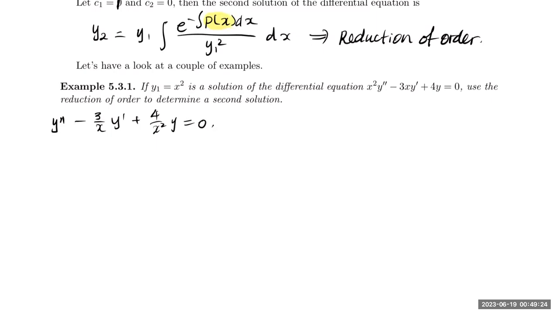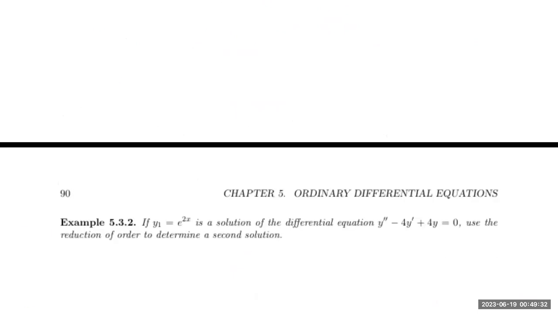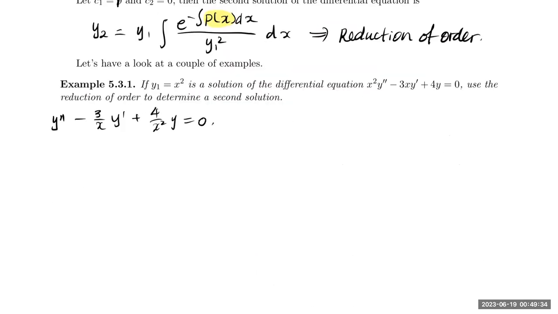That comes from the p which is attached to the y prime, and in our case, the y prime is attached to negative 3 divided by x. So p(x) is equal to negative 3 divided by x.